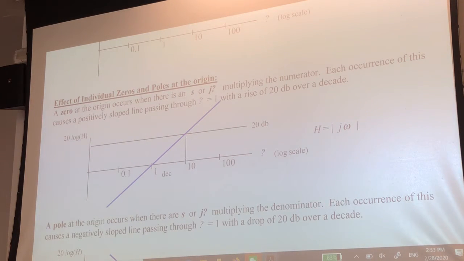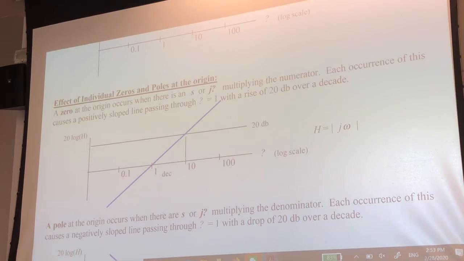But remember, when we do the log 10 omega, we usually say this is 0. So we should say this is 1. Okay. So then this is 0, 0. Okay, this 0 dB is 1.